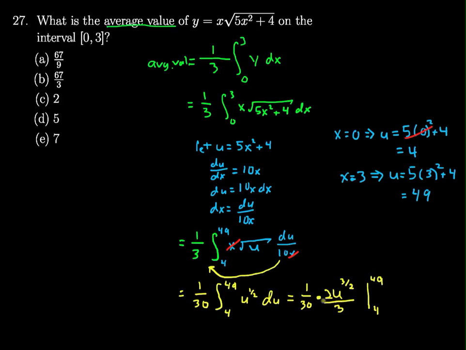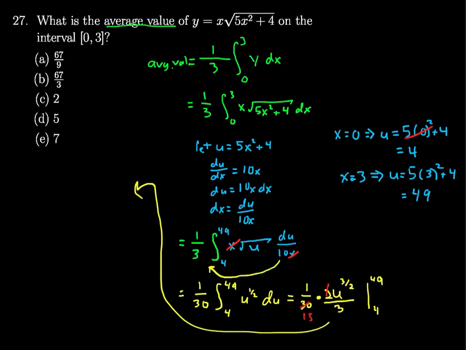Okay, so let's see what happens. A few things are going to reduce down for me, and I have to figure out what this is. So the 2 and the 30 goes down to a 1/15. Times 3 gives me 45. And I'll have to do something with this. So let me bring this all over here.